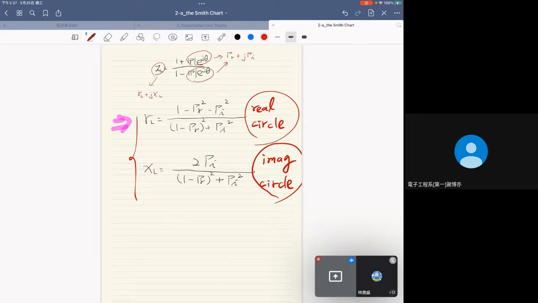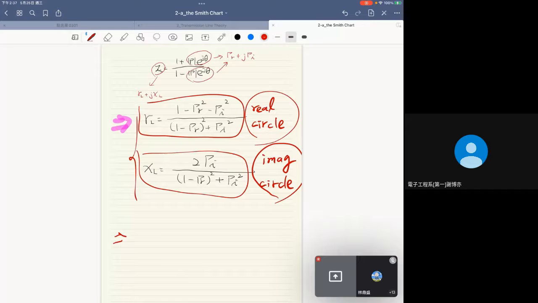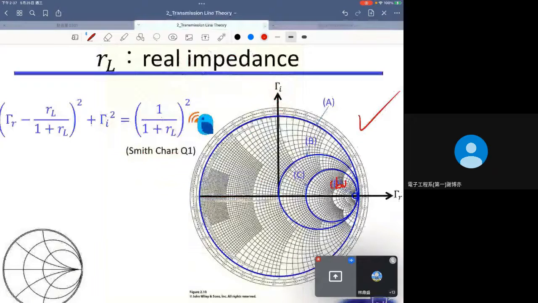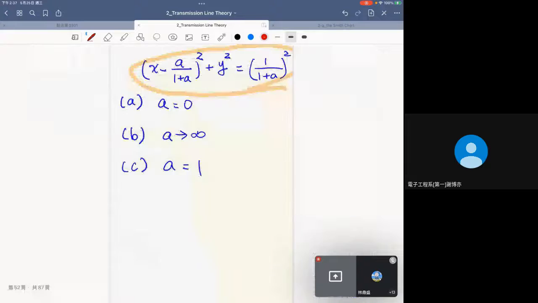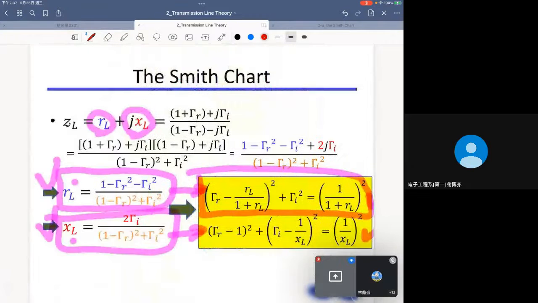You don't see that it is a circle because you didn't organize these two. For the first one, you can reorganize and obtain the answer.